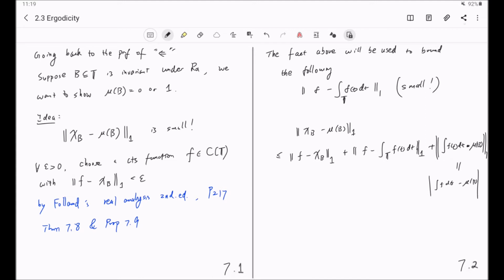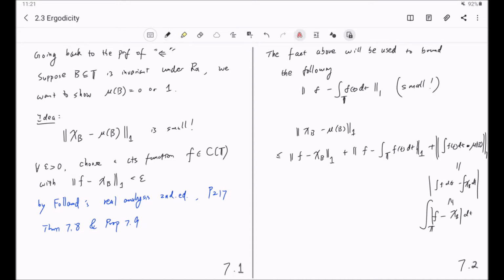And if we change this measure to the integration of the characteristic function over the circle, this will just be the difference between 2 integrals, and this is bounded by the integral of the absolute value of those 2 functions over the circle.